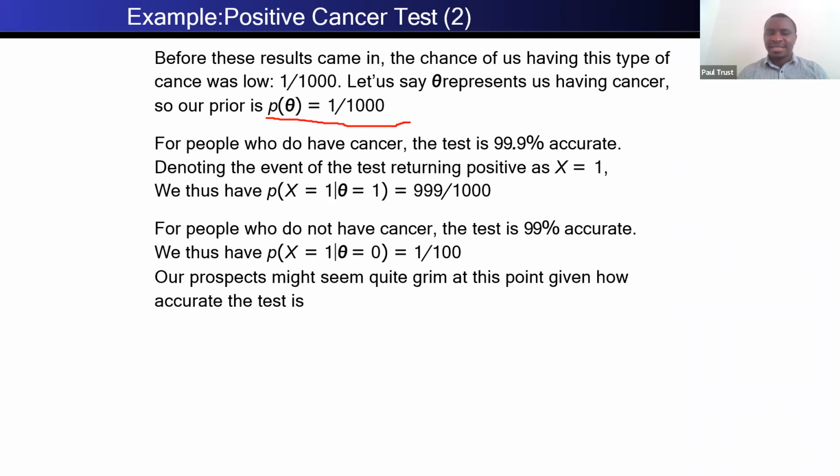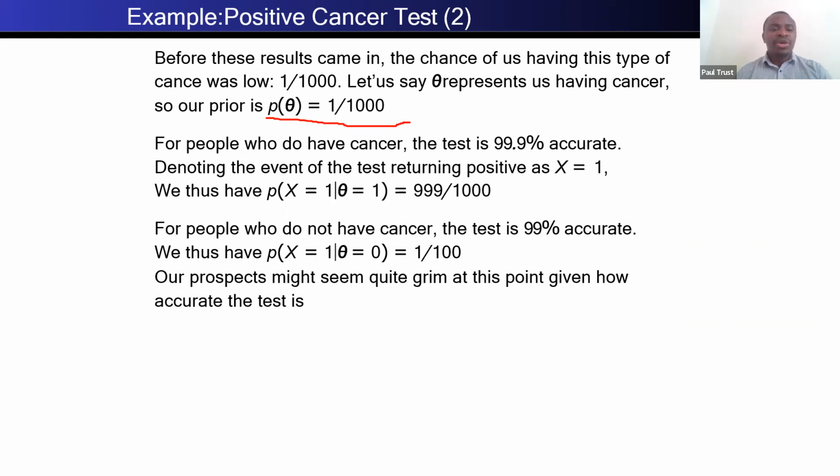That's before you took the test. This means that if you randomly pick 1,000 people in your country, the chance that one of them has cancer is 1 in 1,000.